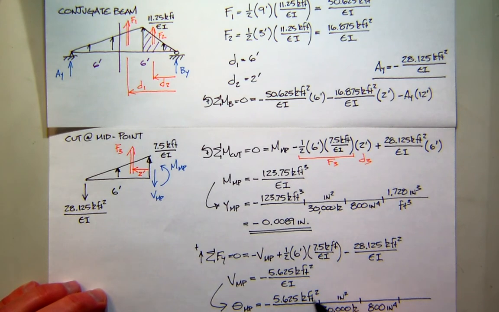And now I need to get rid of this foot squared. So I know there's 12 squared, or 144 square inches in a square foot. So this should give me a dimensionless value, and it should be negative. And it's going to be really, really small. I think 0 point and probably a bunch of zeros. 3.375 times 10 to the negative 5.